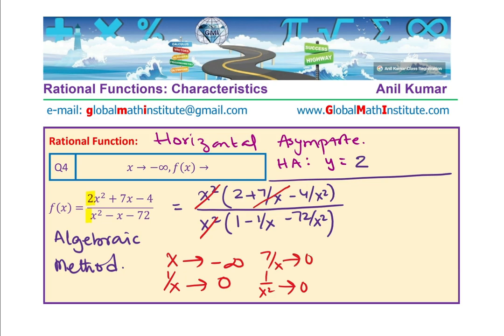So you see that these components approach 0. So we're left with the ratio of leading coefficients, which is 2 over 1, right? And therefore, the answer is 2. You see that? That is how we find the horizontal asymptote, especially when we have both numerator and denominator degrees exactly the same. Perfect? So that's the strategy. So I hope this is absolutely clear.